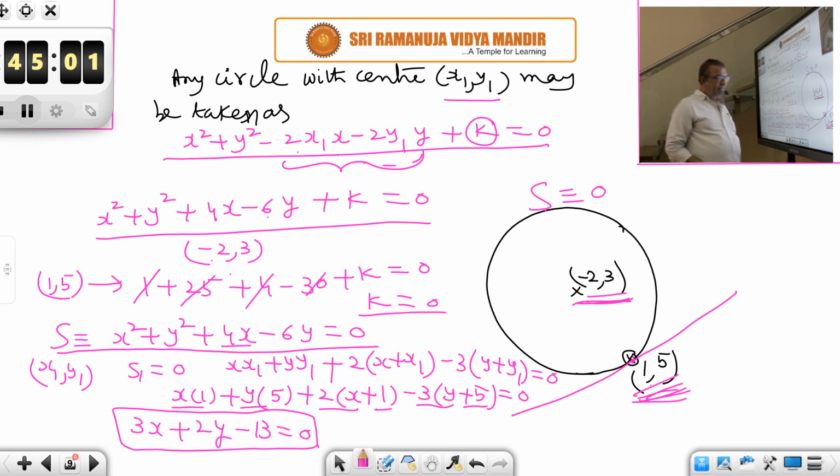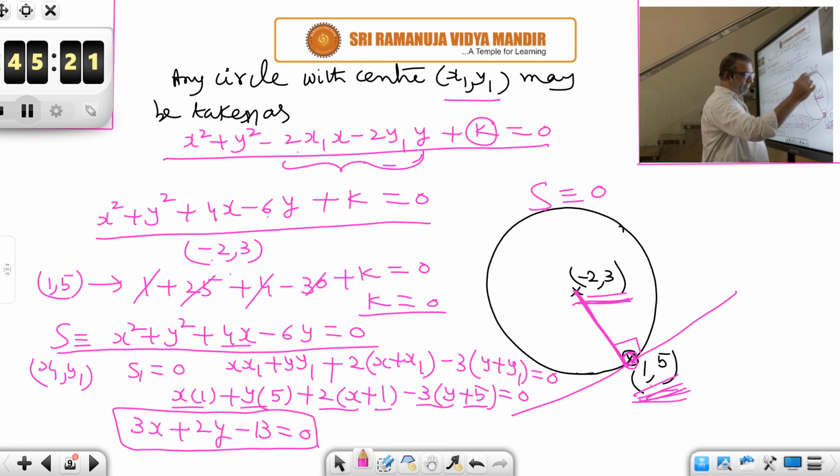Let us see. So x1, y1, 1 comma 5 is on the circle. See the diagram. Center is minus 2 comma 3. So you know that the tangent must be perpendicular to the radius. So what is the slope of this line joining minus 2, 3 and 1 comma 5?